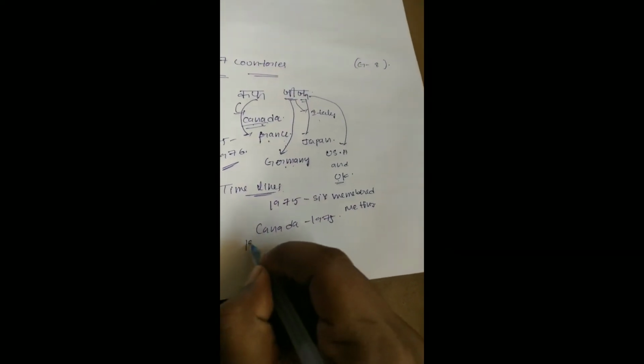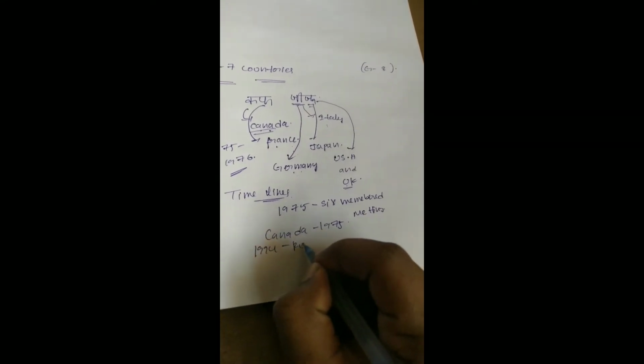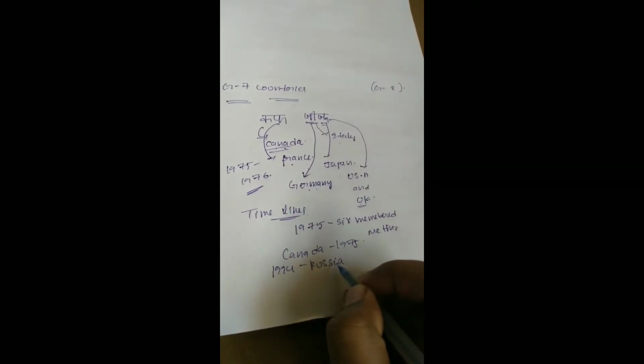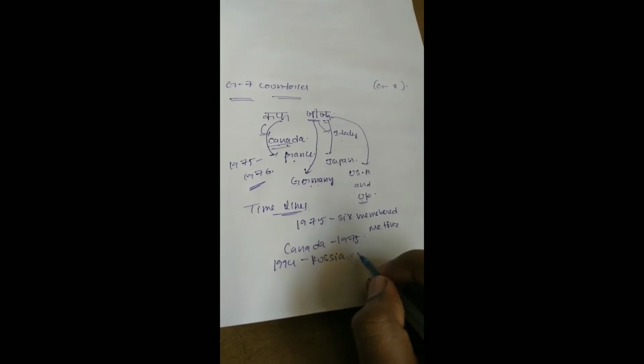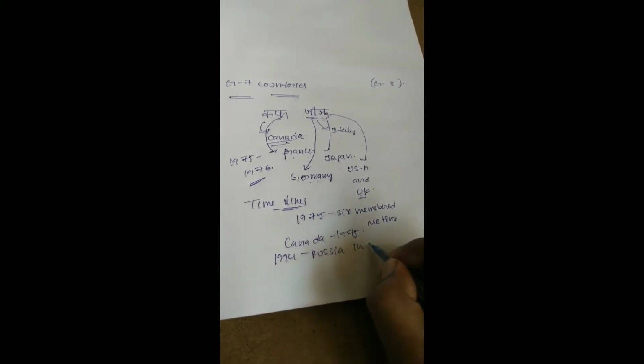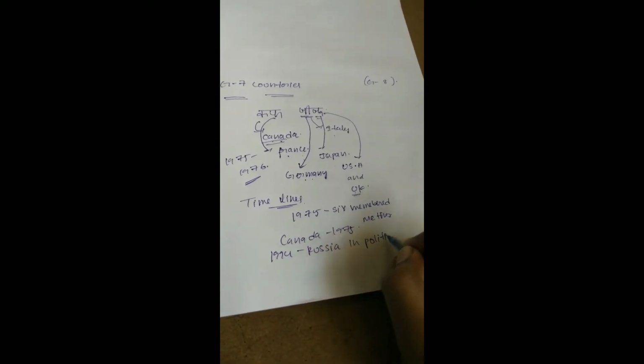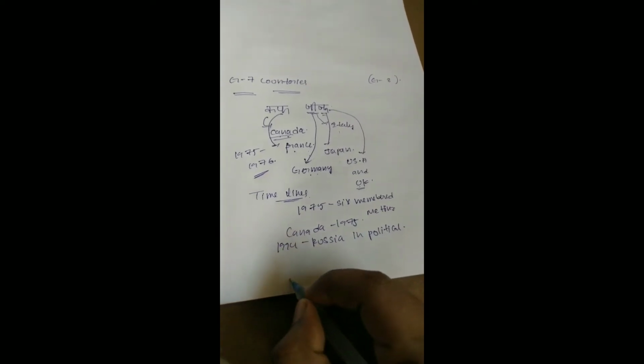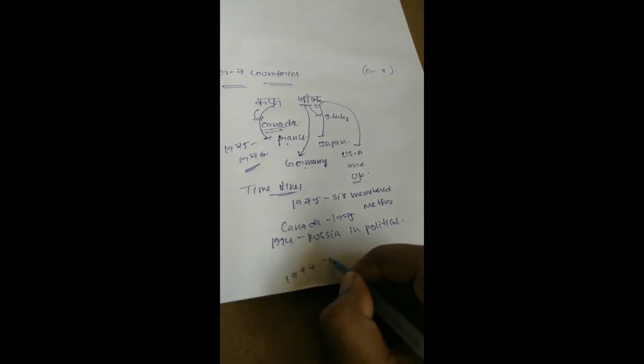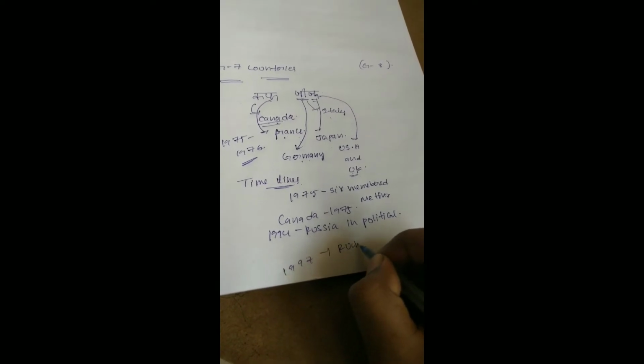In 1994 Russia joined G7 in the political way, and in 1997 Russia became an official member.